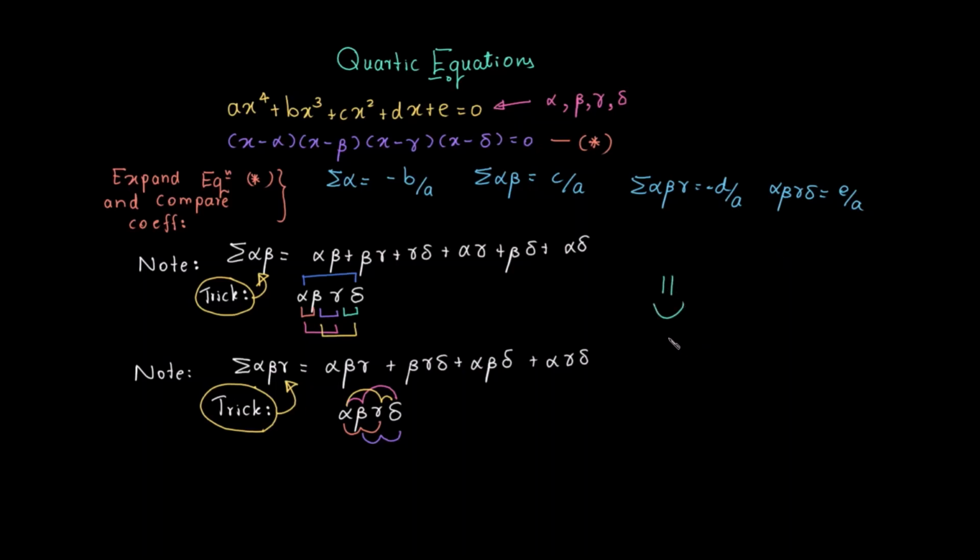And now let's look at another note, and that is sigma 1 over alpha. Sigma 1 over alpha is equal to 1 over alpha plus 1 over beta plus 1 over gamma plus 1 over delta. Take two fractions at a time and take the LCM and simplify.